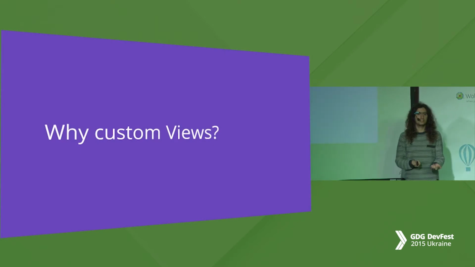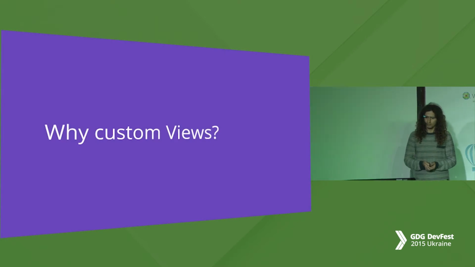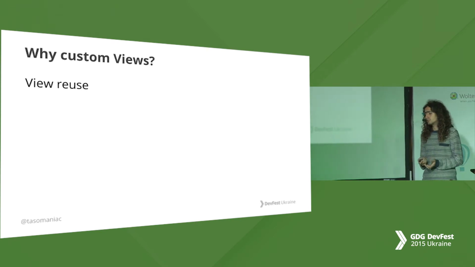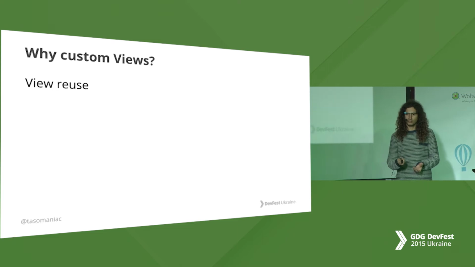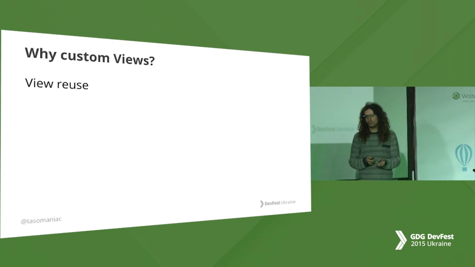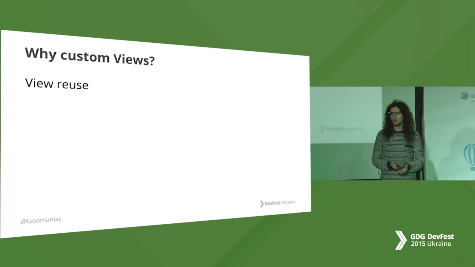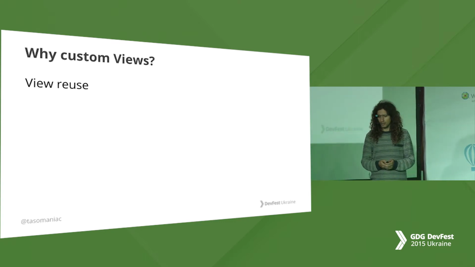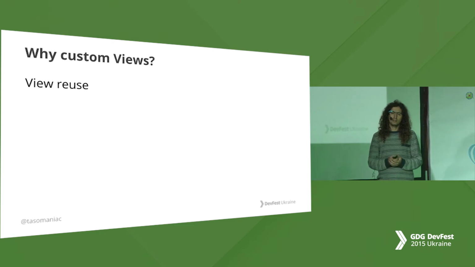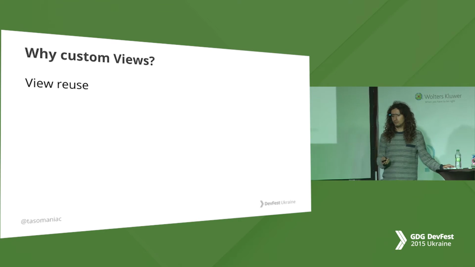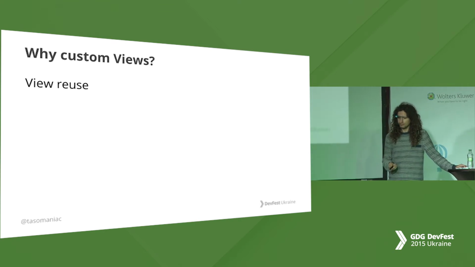So why do we need custom views? The first thing, and actually for me the most important thing, is reusability. Like most Android developers, I hate code duplication, and custom views give us the ability to avoid code duplication.